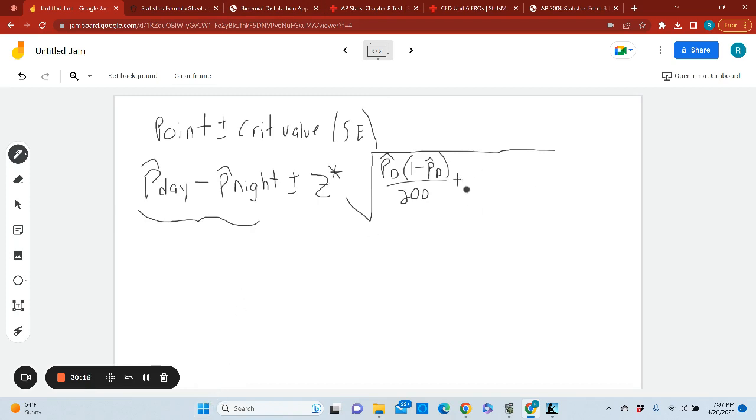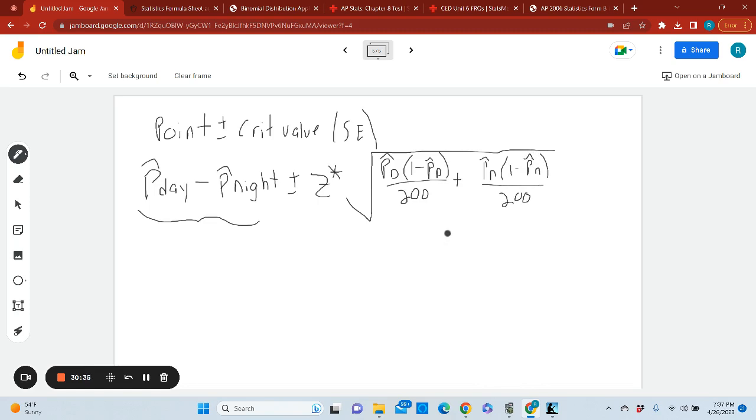So these variances always add in here. So to this, we're going to add P hat for the night shift times 1 minus P hat for the night shift all over 200.